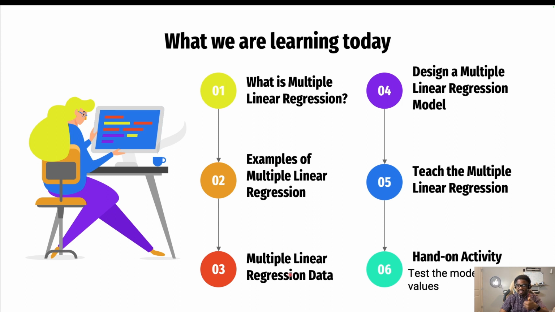We're going to get data to be able to design a multiple linear regression model. Then we're going to design our model and teach it something to do, right? And what we're going to be teaching our AI model today is going to be very interesting. It is what we do almost every day. I think that you guys will like it.